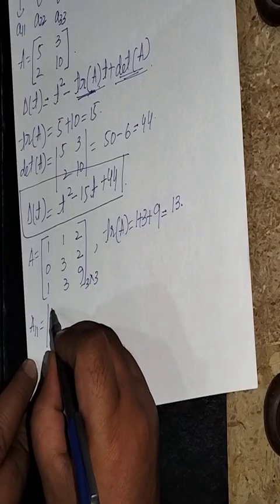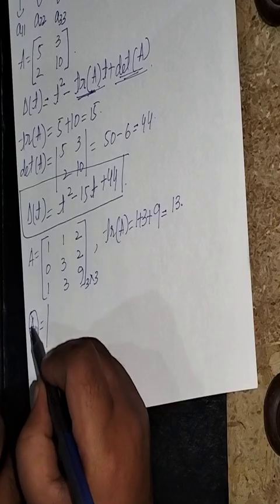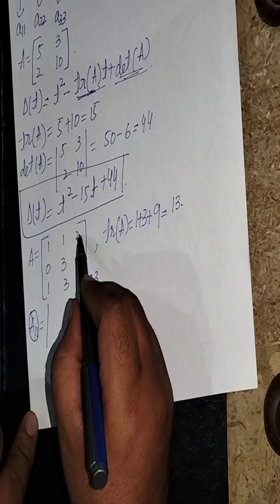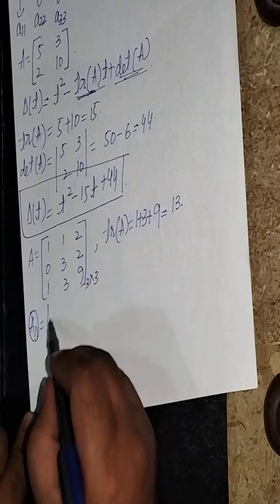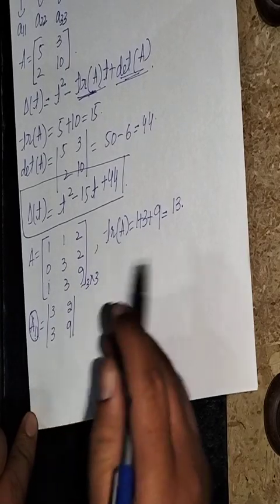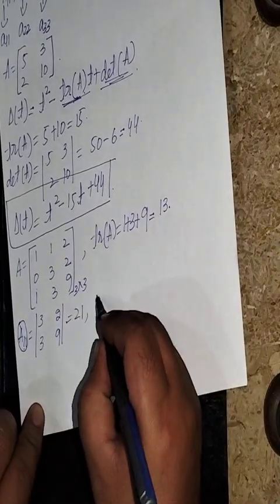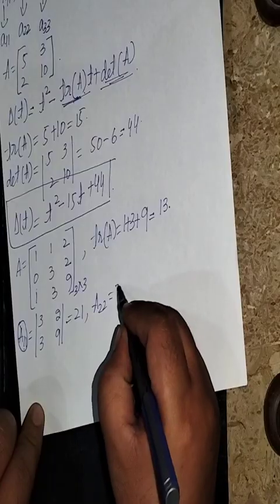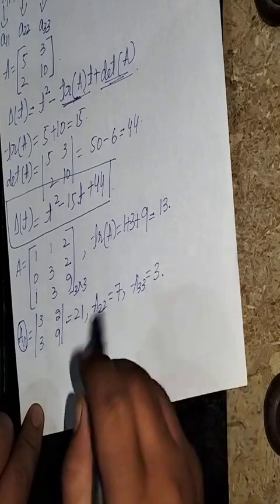If you are going to find the cofactor of A11, you have to skip the first row and first column. The remaining entries, you have to implement the determinant on remaining entries. This will be equal to 21, A22 will be equal to 7 and A33 will be equal to 3.